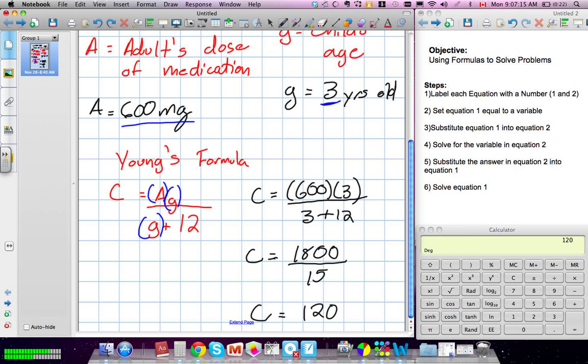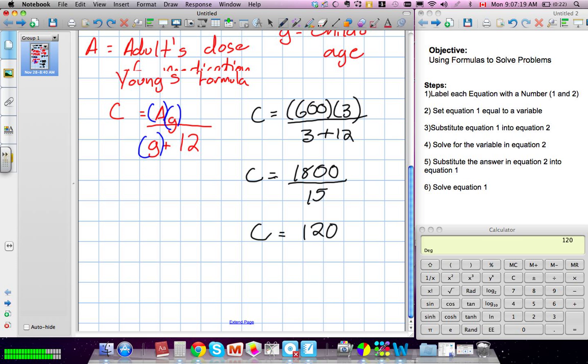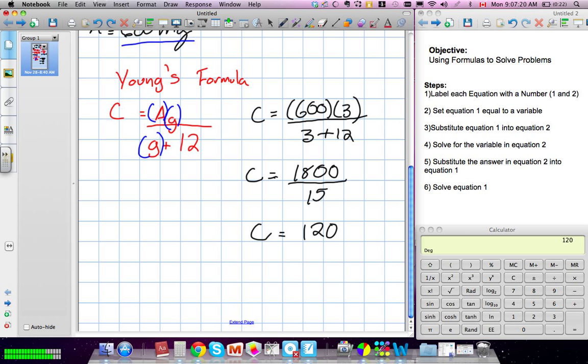We need to make sense of this in a concluding statement. This is where you guys get a lot of your communication marks. Therefore, the child's dose of medication is 120 what?